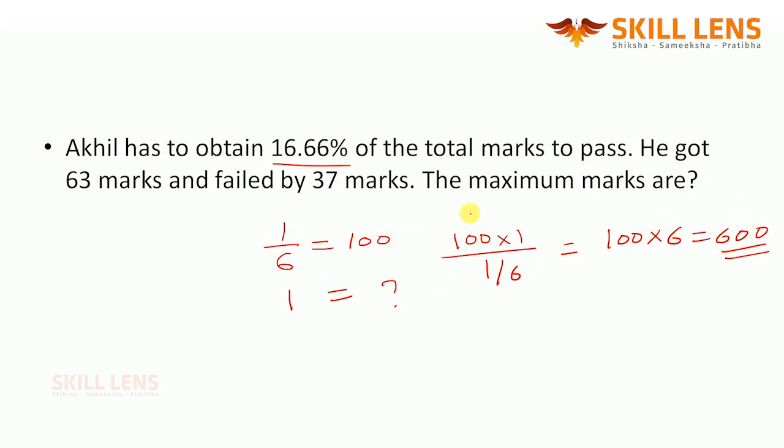But do you really try to write all these values? No. When you come across 1 by 6, the numerator itself, one part is 100. Then always remember, the denominator is always the total. 1 part is 100, then 6 parts is going to be what? 600.